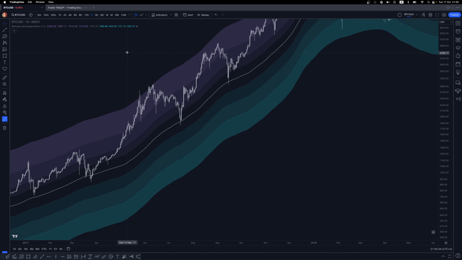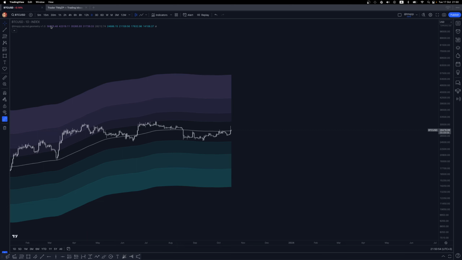You can see the values of what the waves are like, right? If you hold your cursor here, you can actually see the values. It's just like any other moving average, right? So you can see the main frequency here, and then it basically goes from top to bottom, right? So this is the top, this is the bottom, and you can see all the values there.